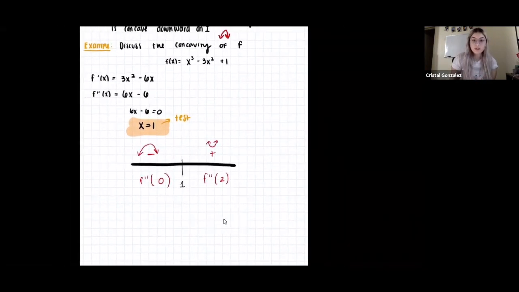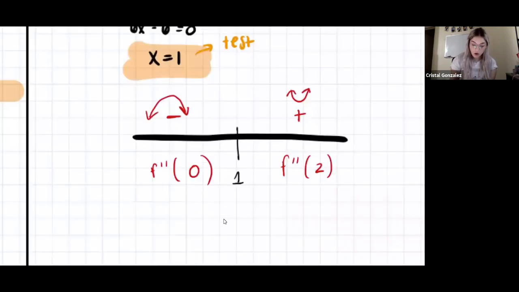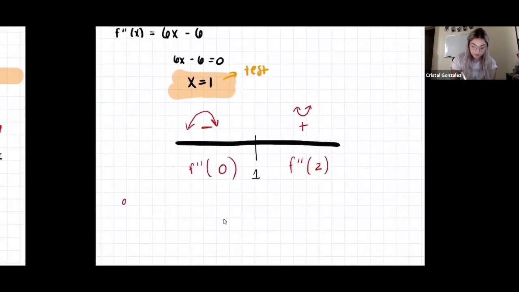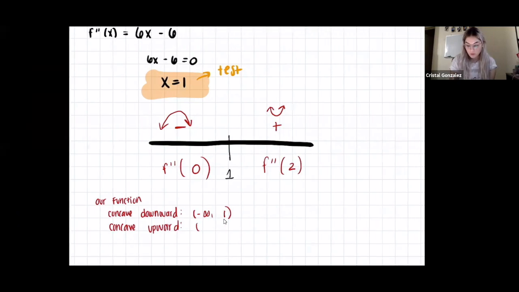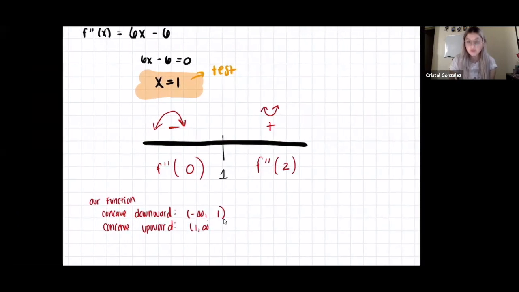So if we wanted to discuss the concavity, we would say that our function is concave downward from the interval negative infinity to 1, and concave upward from 1 to positive infinity.